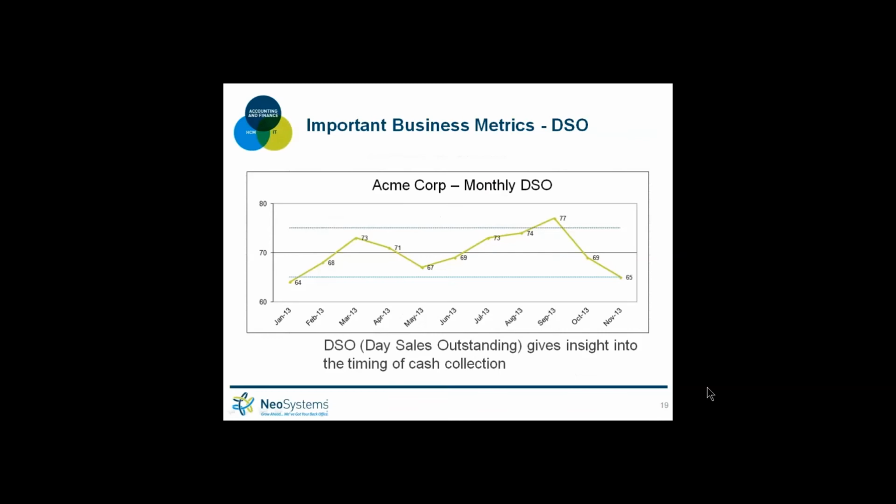Another good metric to gauge cash flow is your monthly DSO, which is days sales outstanding. What this does is give you a picture of how many days it takes the company to collect on receivables on average. So this gives you insight into the timing of your cash collection.